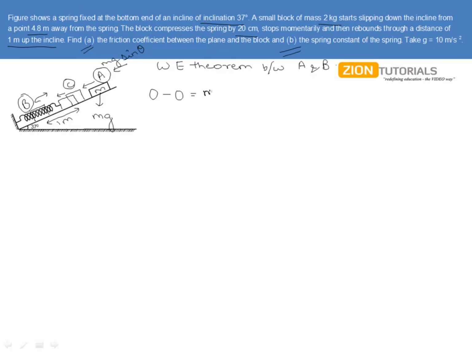So the work done will be mg sine 37 degrees into the displacement, which is x plus 4.8 meters, where 4.8 is the distance that has been given before coming into contact, and x is the compression that we have taken as the variable. So this will be the work done by the component of this mg force.